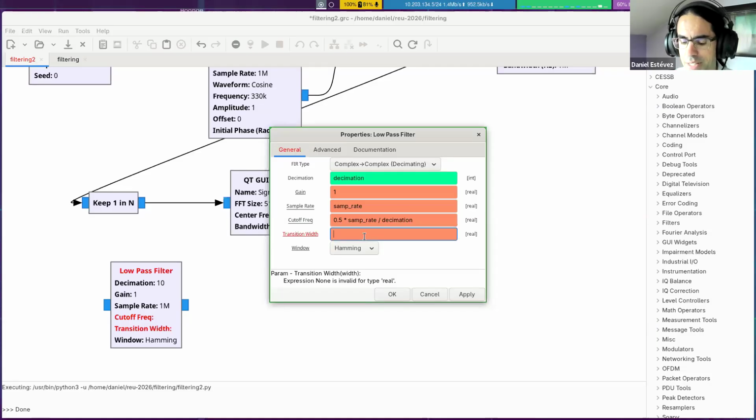And then the next parameter is called transition width. So what is that? An ideal filter would let signals pass without modification up to the cutoff frequency, and then for anything which is a higher frequency than the cutoff frequency, just completely remove it and output zeros.